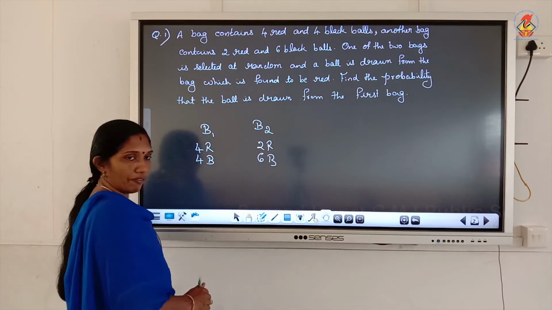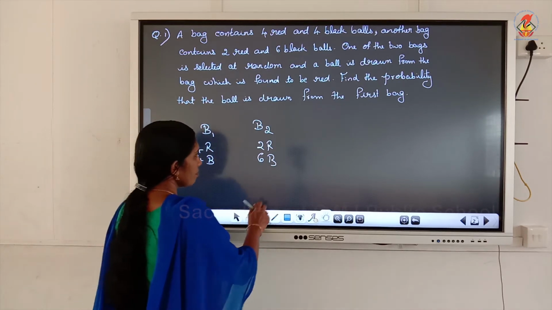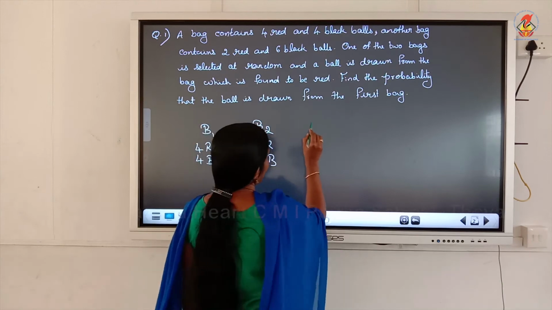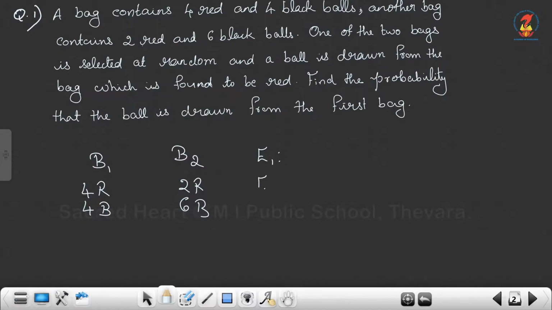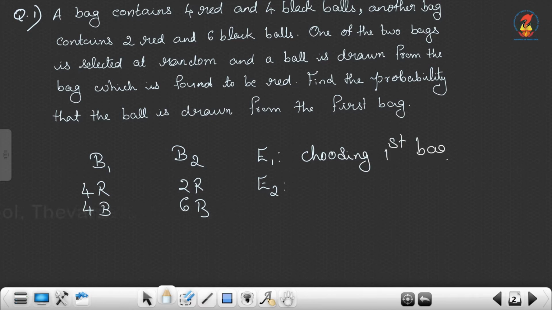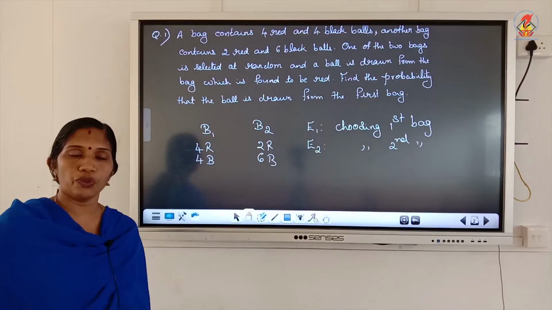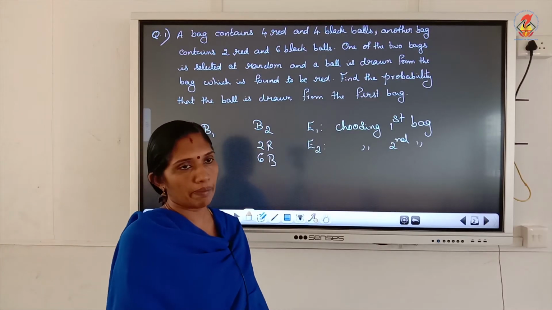So we have to define events. Here we have two bags, so we can define E1 and E2. E1 means selecting or choosing first bag. Then E2 means choosing second bag. So this E1 and E2 form a partition of the sample space.